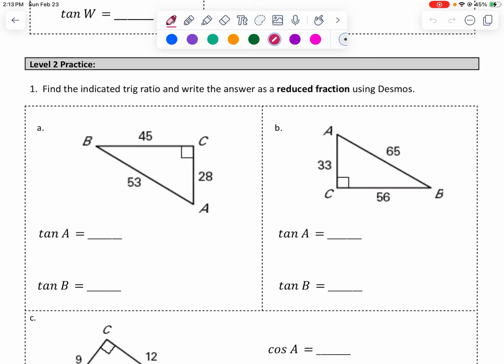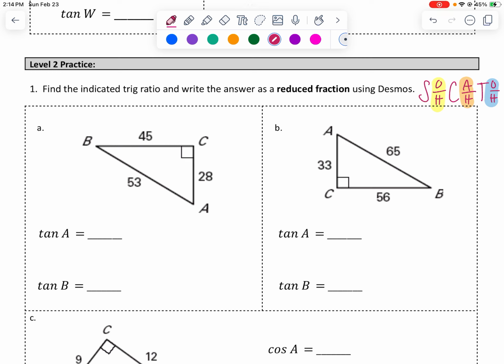So, right, we know our trig ratios follow SOHCAHTOA. And so this is how I like to go ahead and write it out, just so that we already have the ratios if we're talking about sine, cosine, or tangent.